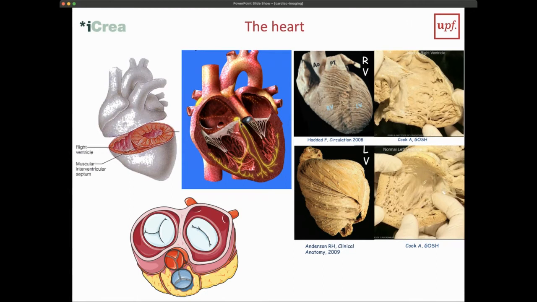That's a special bundle, which is really a sheet of collagen with fast-conducting cells inside. It immediately splits into a left bundle and a right bundle, which then split into very, very small electrical wires that connect to the inside of the heart, which we call the endocardium.